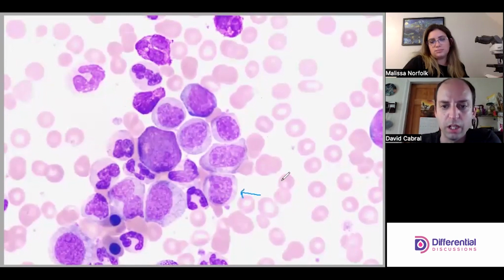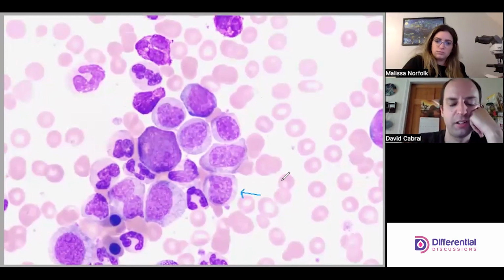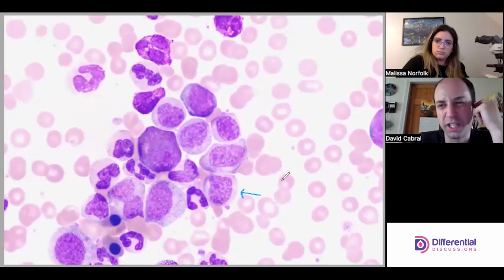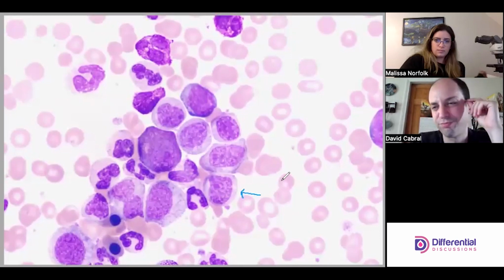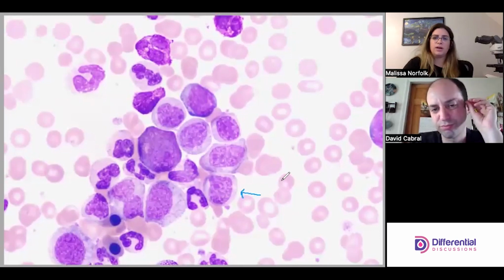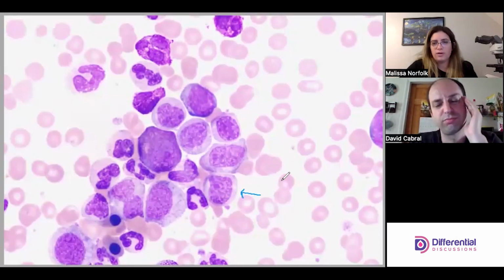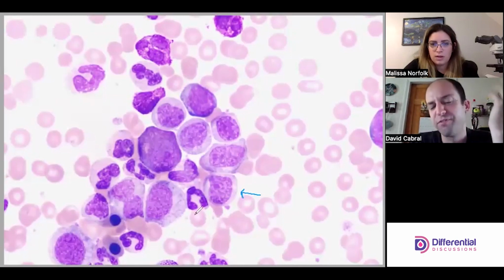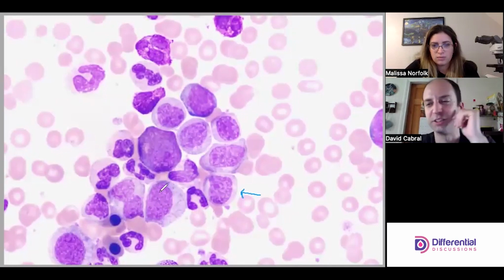Sure. A little on the mature side. Would you go meta on this one, or would you just say Milo? I'm thinking about it, and I'm just comparing it to all its friends. And like this guy's more immature. So you kind of lean towards that meta, right?